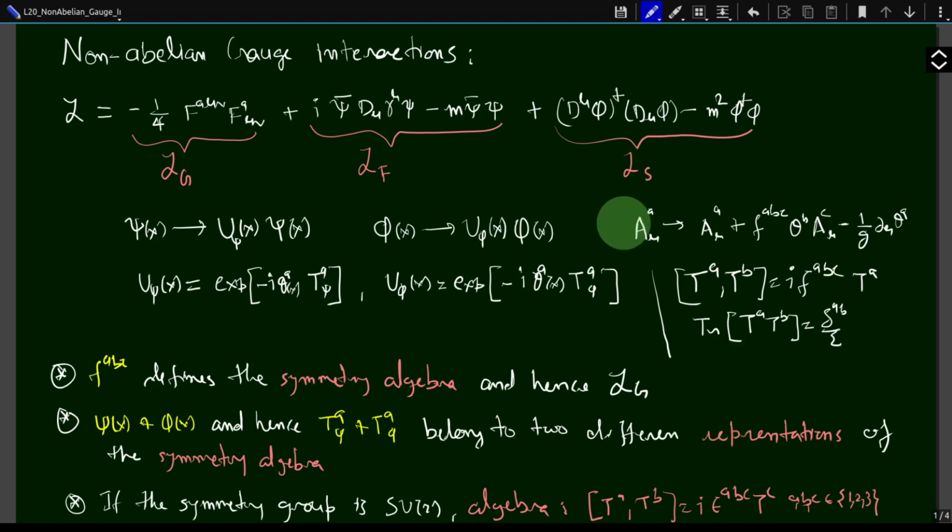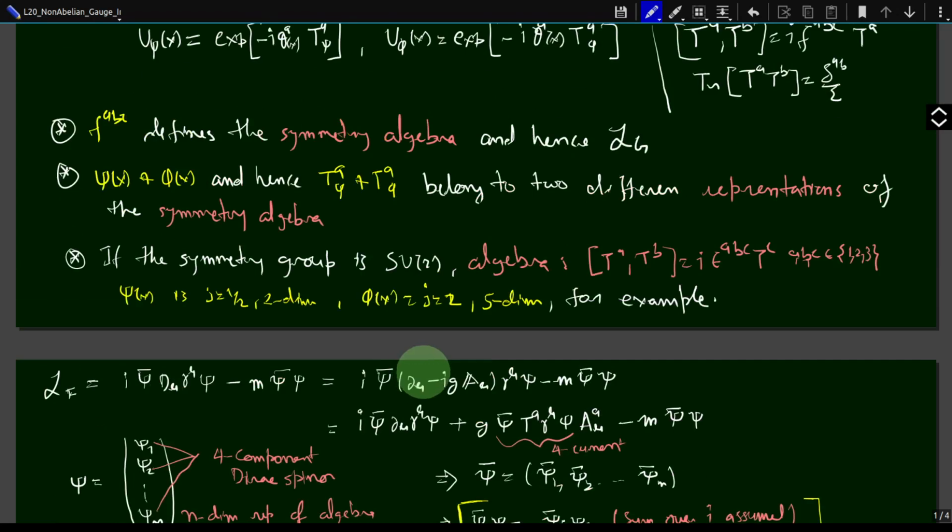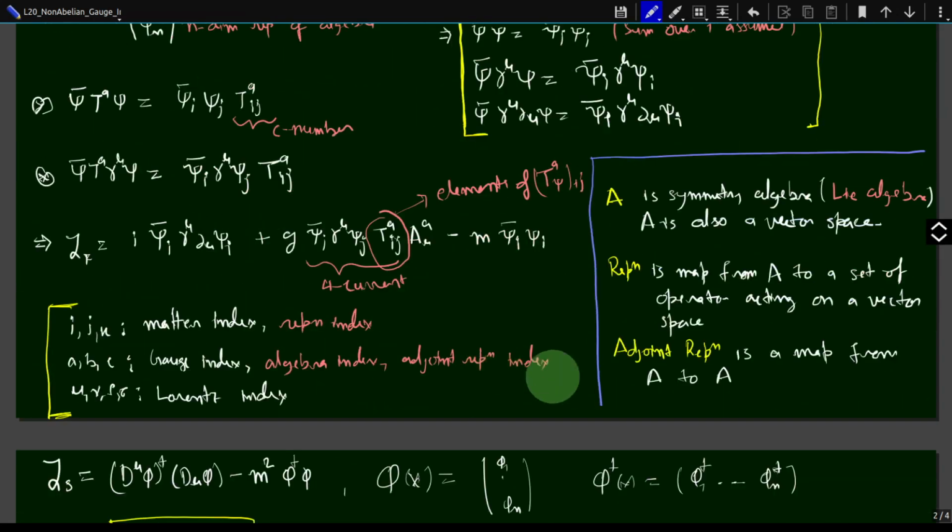This is the reason why I didn't need anything in the transformation of the gauge field other than FABC. Okay, so that's the only information it requires for the transformation property, while any other matter representation actually requires the representation of these generators. Okay, and for adjoint it is kind of defined.